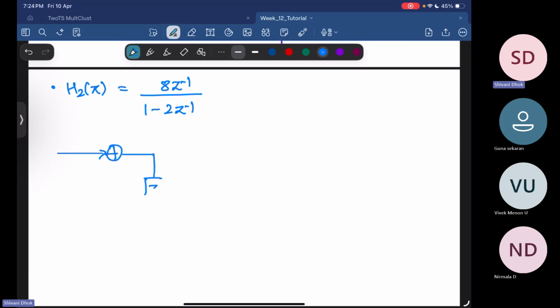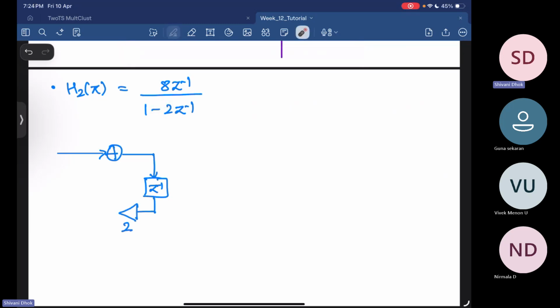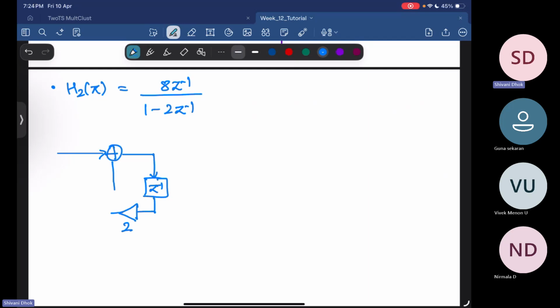So you scale it, z inverse. You have minus 2 here, so minus minus plus, and add it like this. And then you scale this part by 8, that is your input, and you get your y2 of n.